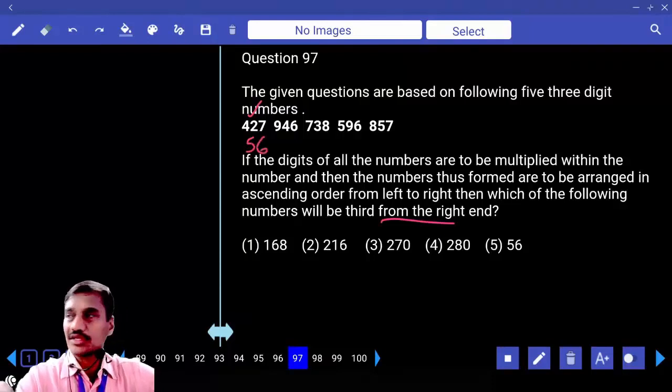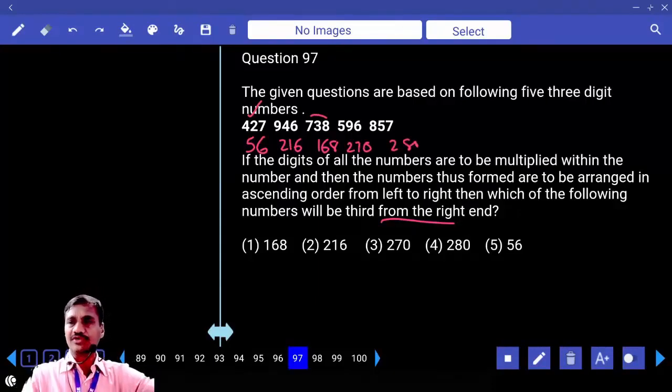Then 9 into 6 into 4: 9 into 6 is 54, into 4 is 216. Then 7 into 3 into 8: 56 into 3 is 168. Then 9 into 6 is 54, into 5 is 270. And 40 into 7 is 280.